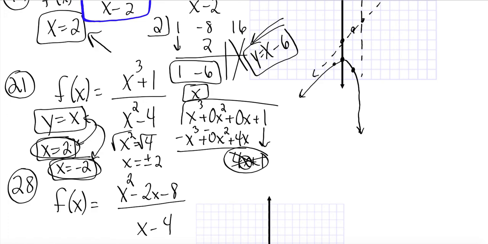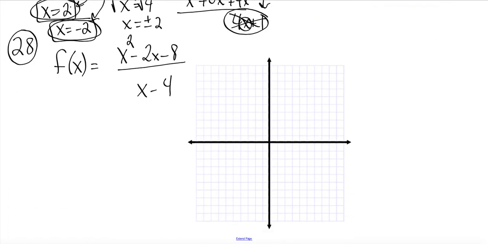Okay, last one here I'm going to show you guys is when you have a hole in your graph, or it's called a discontinuous point, all right? So we have a removable discontinuity. So where is your graph undefined? We look at the bottom. We know that x cannot equal 4, just by looking at the bottom.